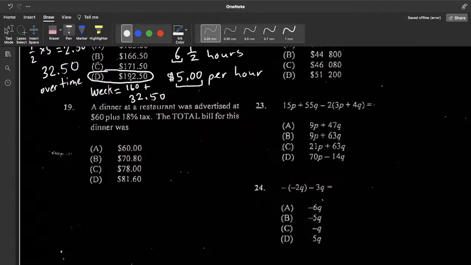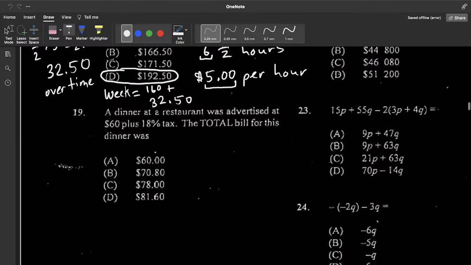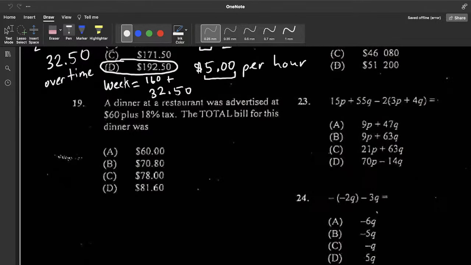In this particular one now, it says a dinner at a restaurant was advertised at $60 plus 18% tax. The total bill, notice they didn't ask us just for a portion of the bill. They're actually asking us for the total of the bill. So that means we have to work out what the tax is and add it to the $60. 100.